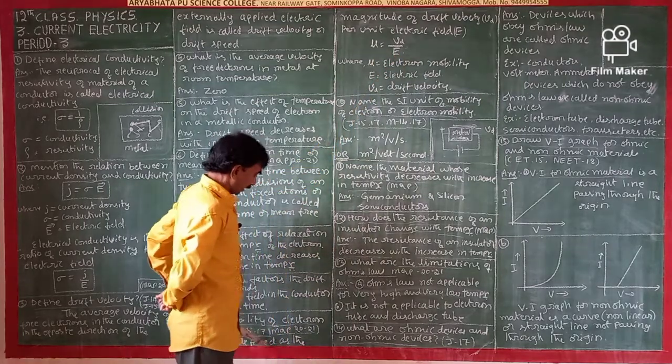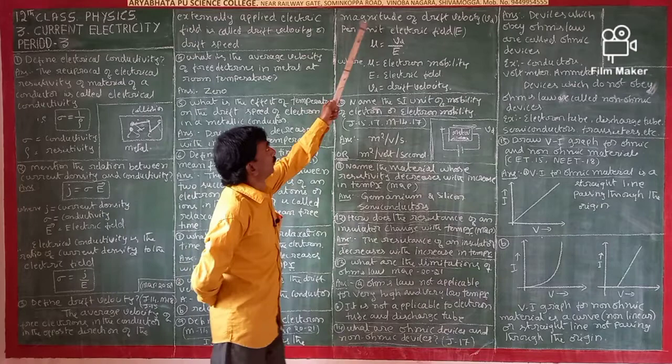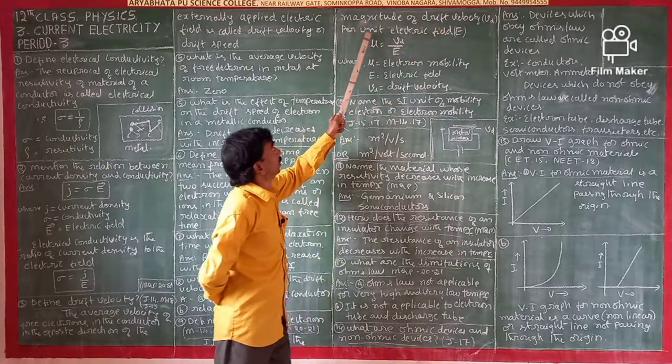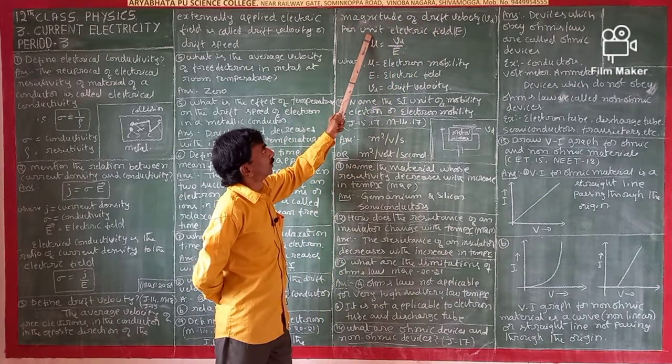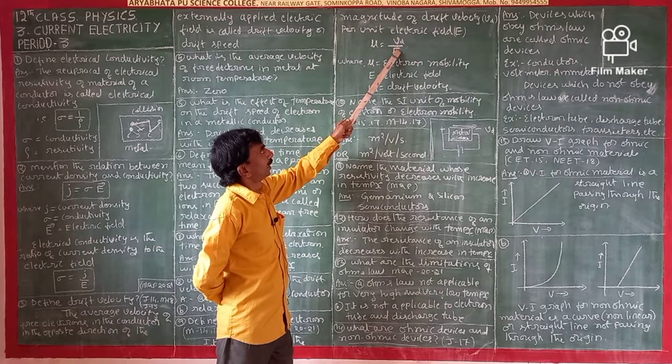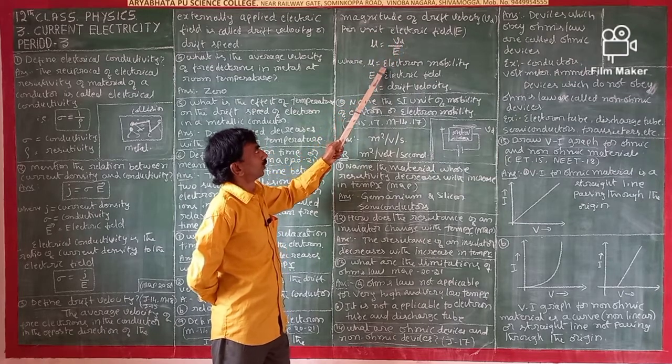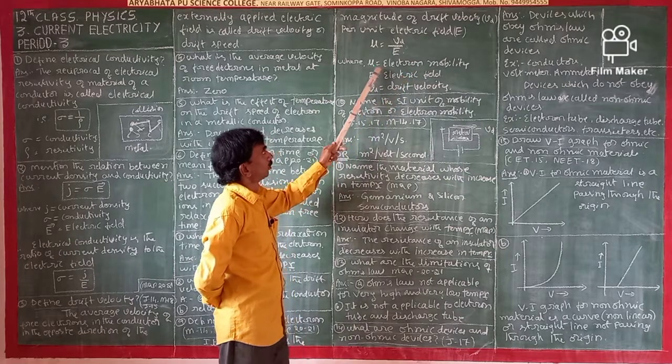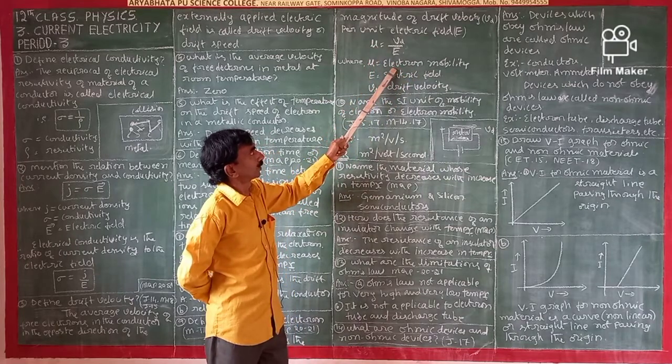The mobility of electron is defined as the magnitude of drift velocity per unit electric field. It is represented by mu. Electron mobility and mobility of electron are the same.